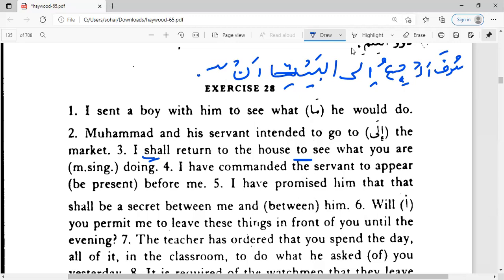No, sir. It went to past tense again. An unzur. An unzura. Anzura, yes. With fatha. An unzura ma. Yeah. What you are doing?